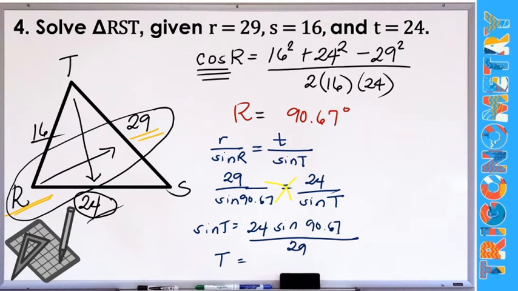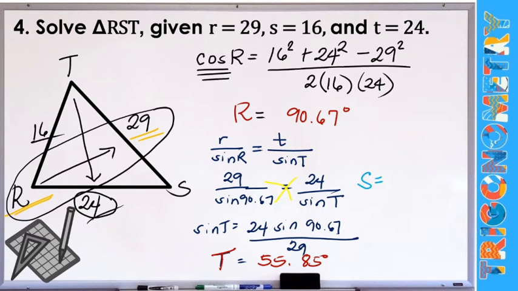And what we're going to have is 55.85 degrees. That's your angle T. Now, we're going to look for angle S. To find your angle S, we're just going to subtract.